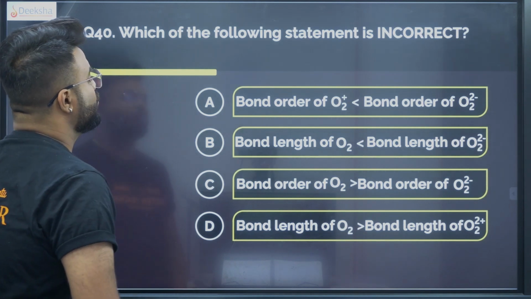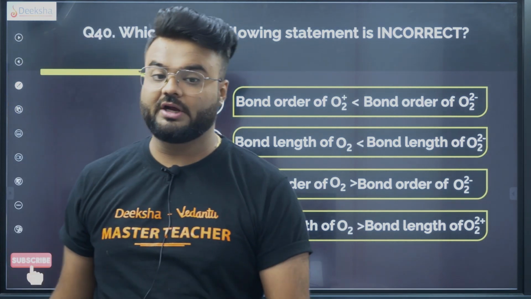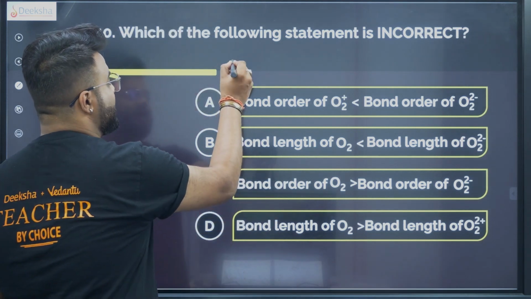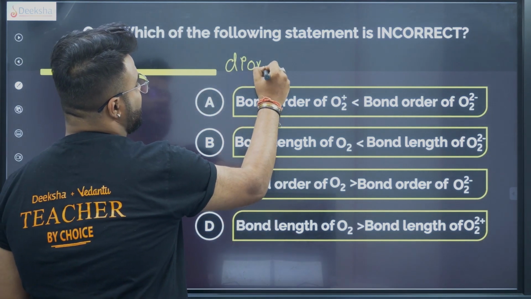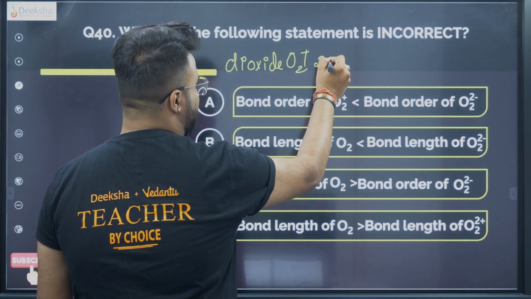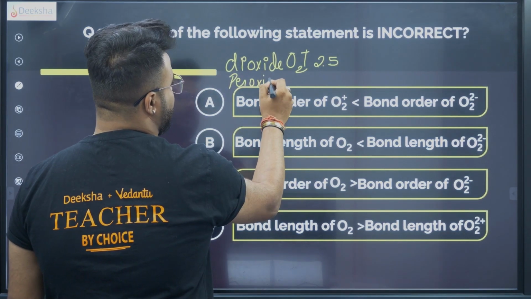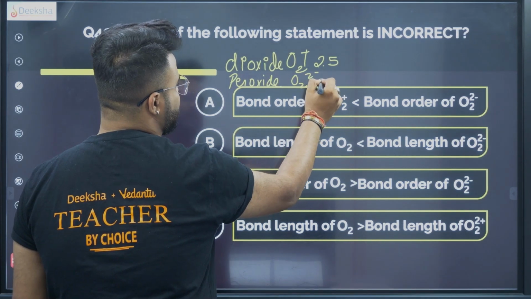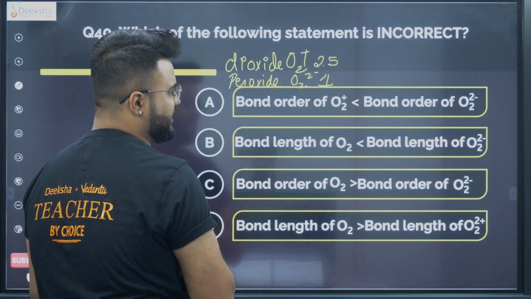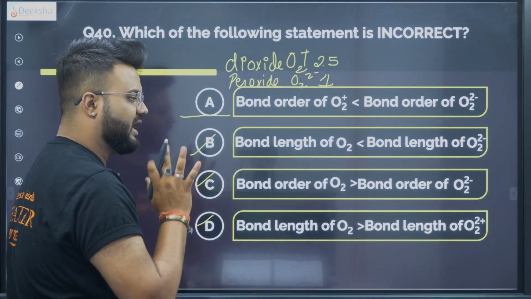Now coming back to: which of the following statements is incorrect? We know that the bond order of dioxygen is 2.5, and the bond order of peroxide, O2 2 minus, is 1. Therefore option A is incorrect, and options B, C, D are correct.